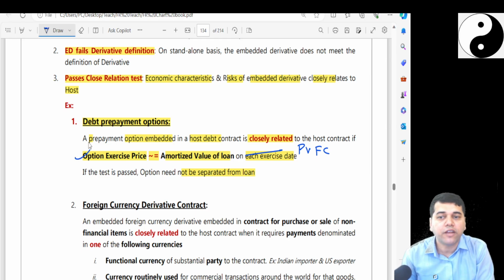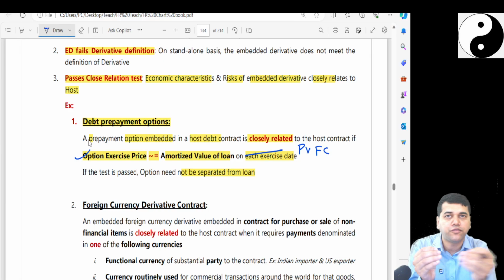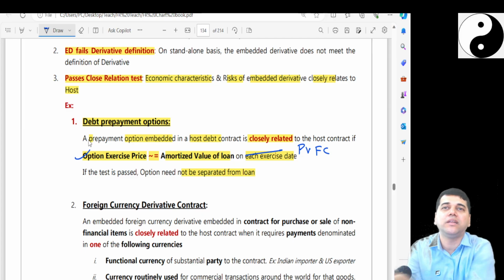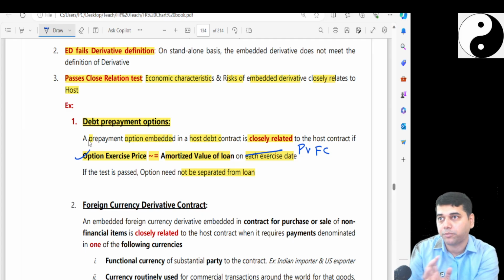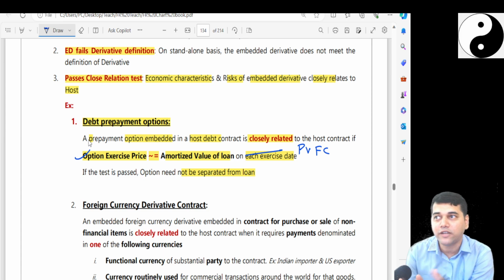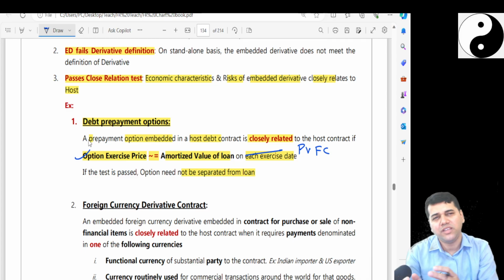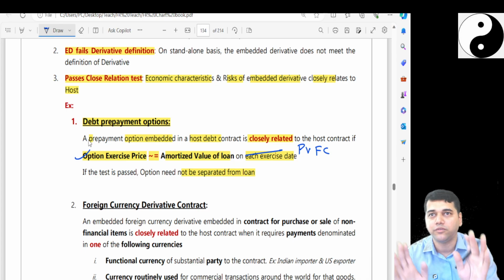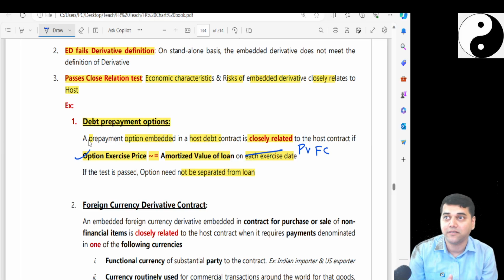And I will give you an option to exercise at any point of time. If that value and the present value of the future cash flows are almost similar, then okay, we can say it's a normal option, not an embedded option. You're not trying to hide something. So whether you separate it or not doesn't make any difference. You can continue because there's nothing suspicious there.